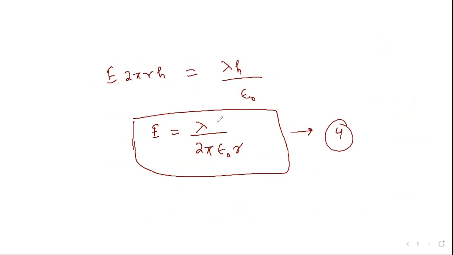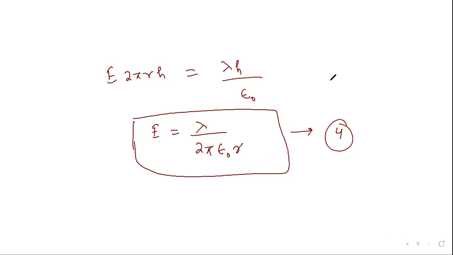So now you can ask why we calculate the electric field for an infinite line of charge when in reality we can't have an infinite line of charge.